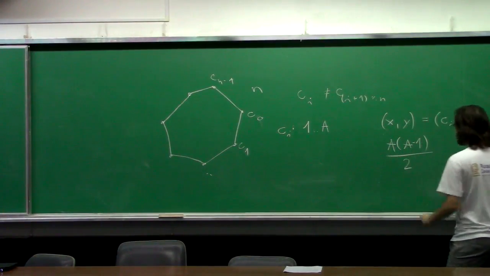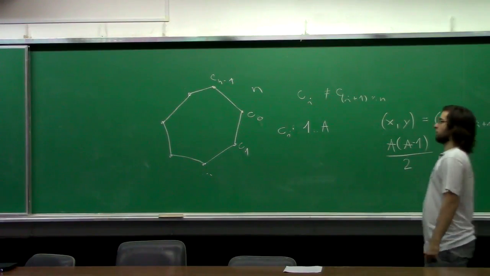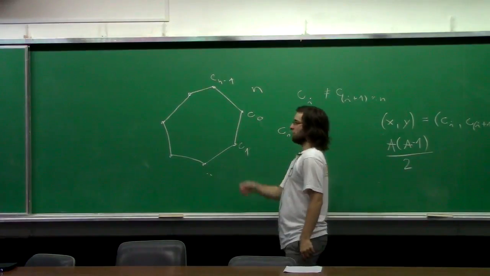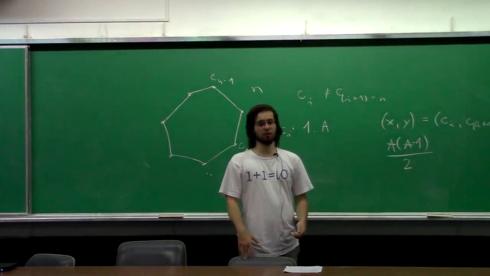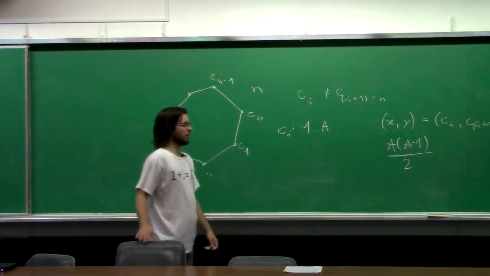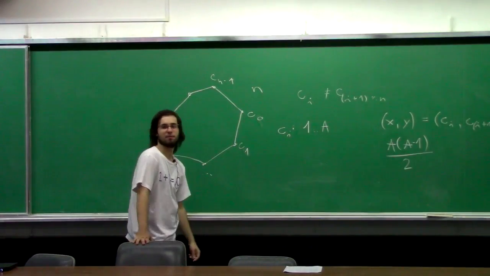At the ends of any edge there has to be a pair of distinct colors, and each pair of distinct colors has to appear at the endpoints of at least one edge.